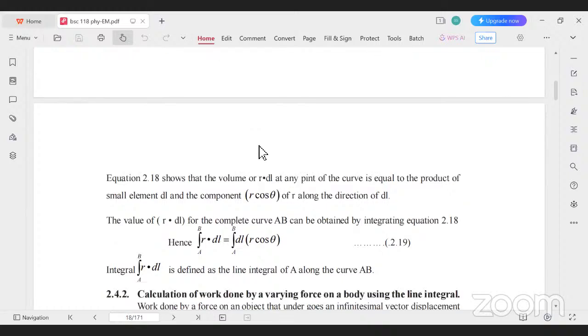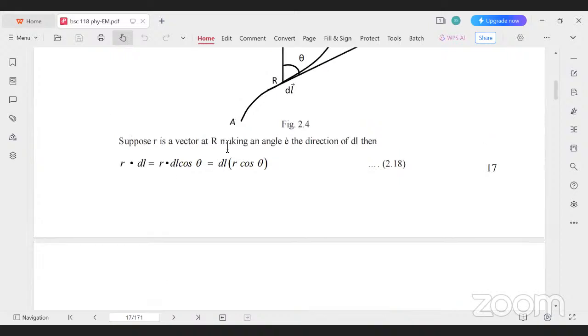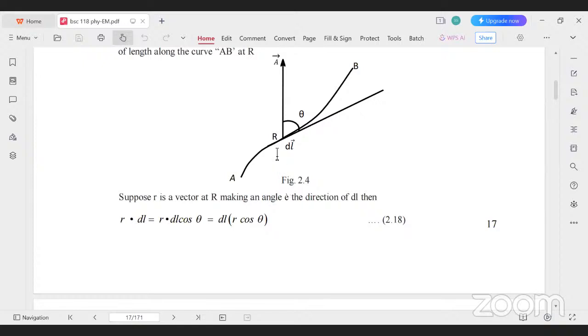Then the value of R dot dl over the curve AB can be obtained by integrating the equation. We have taken this equation from the line only. R dot dl equals R dl cos theta, that is nothing but dl R cos theta.